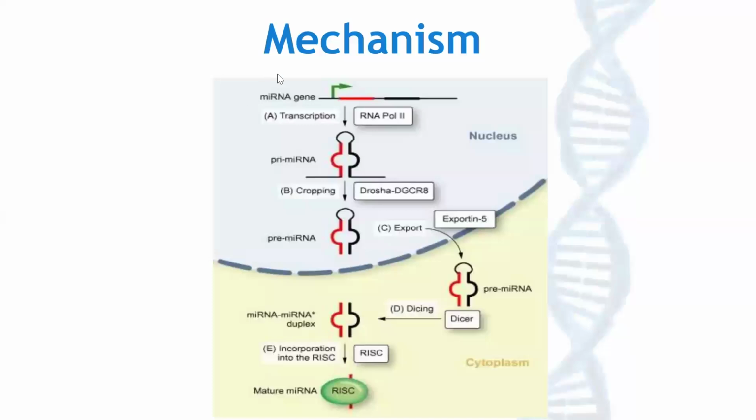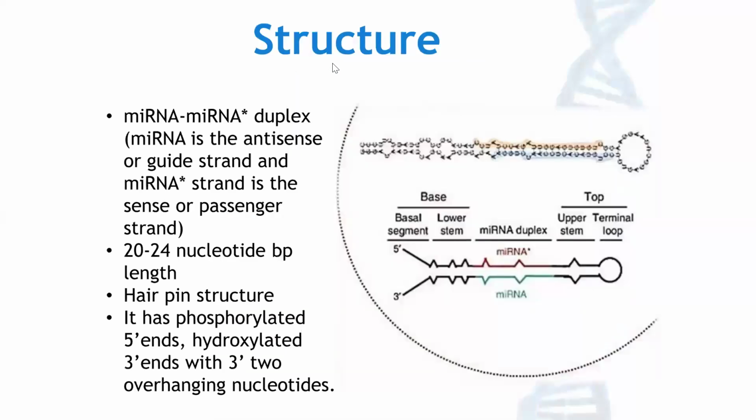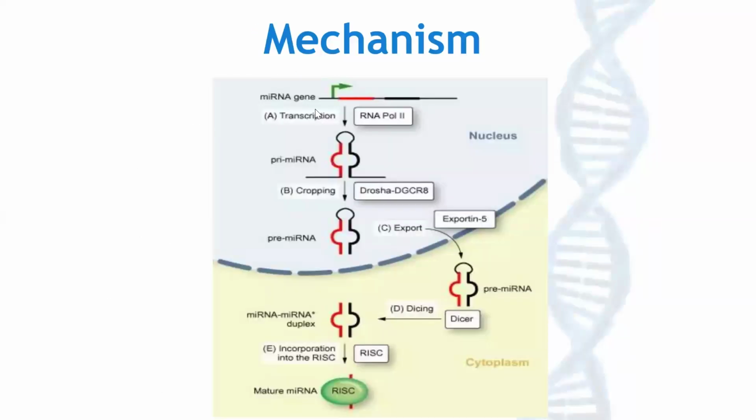And now, the synthesis of the microRNA. The microRNA has its own gene, and this gene is transcribed to produce pre-microRNA by the enzyme RNA polymerase II in the nucleus.